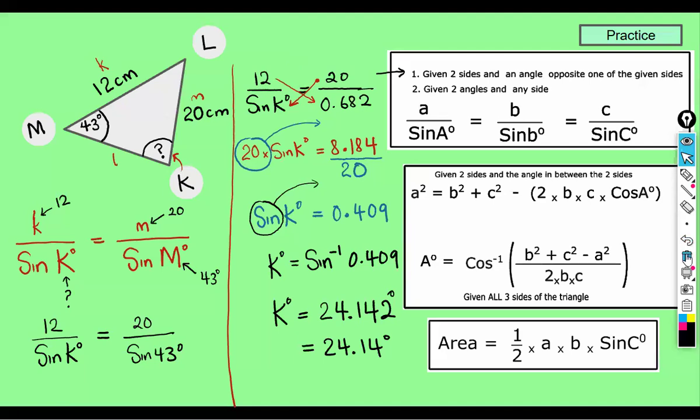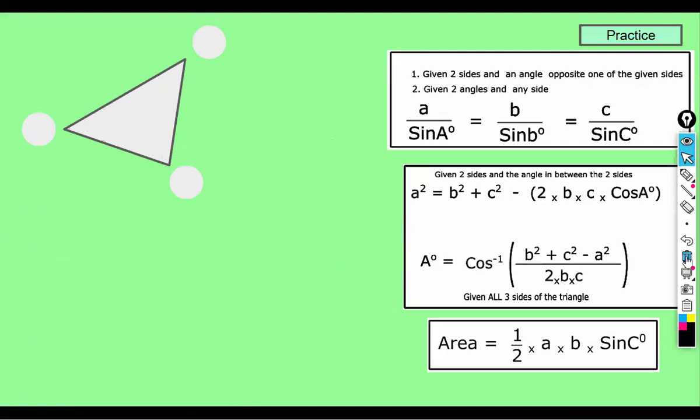Let's try another one. Let's change up the letters. How about X, Y, and Z, right? I like to write my Z with a little slash in between, so it doesn't look like a 2. Let's see, I'm going to give this angle as 33 degrees. Here is going to be 41 centimeters.